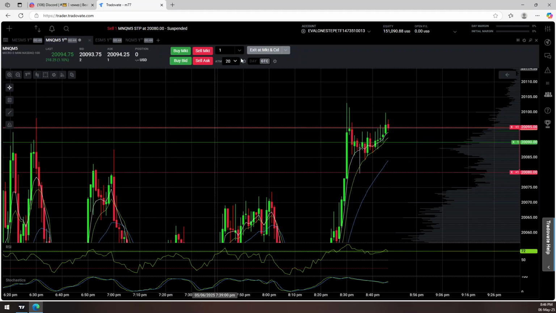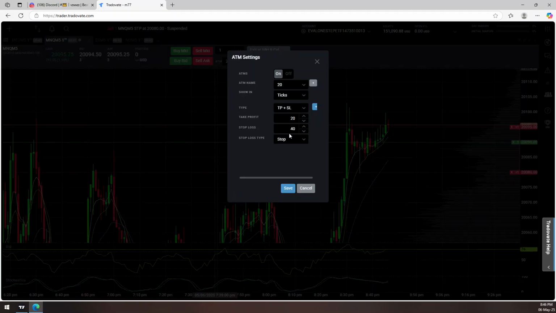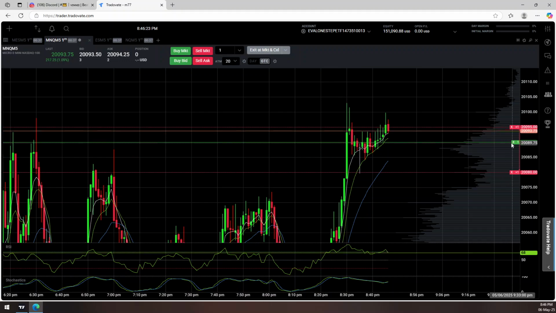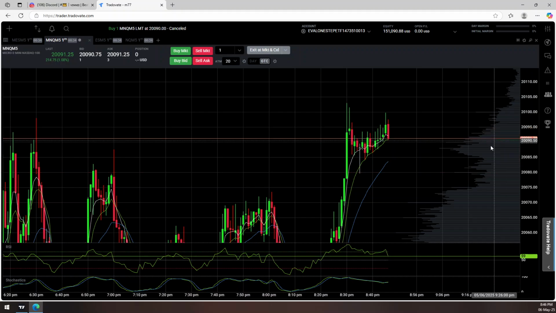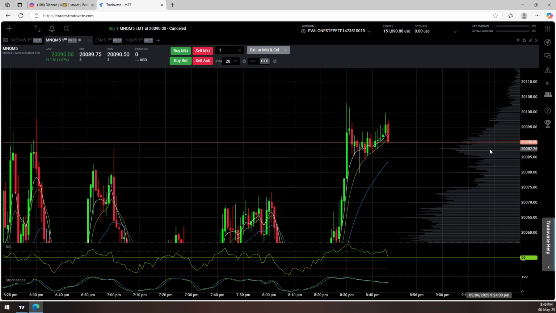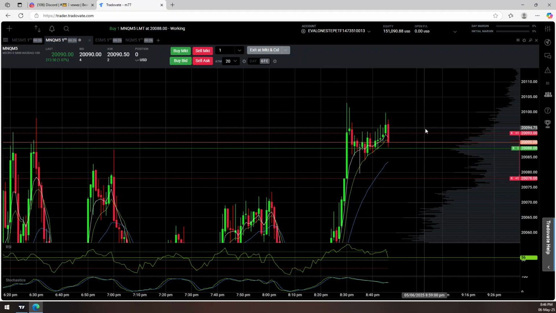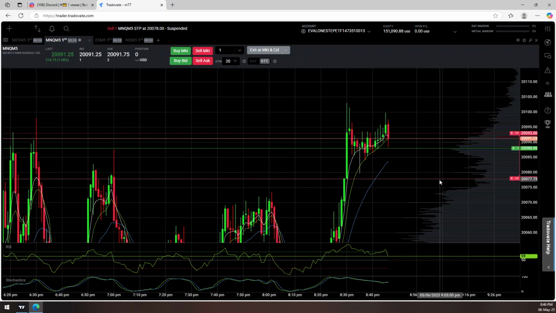So that's how you set it. Then you just save it. This is the reason I love Tradovate. The moment I set an order in my chart, my bracket orders kick in. See, this is the profit taker, this is the stop loss.